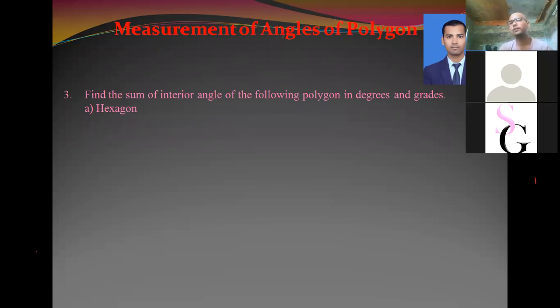For any polygon, you can use the same formula, whether the polygons are regular or irregular, because only the sides are used to find the sum of the interior angles. So let's start the solution.